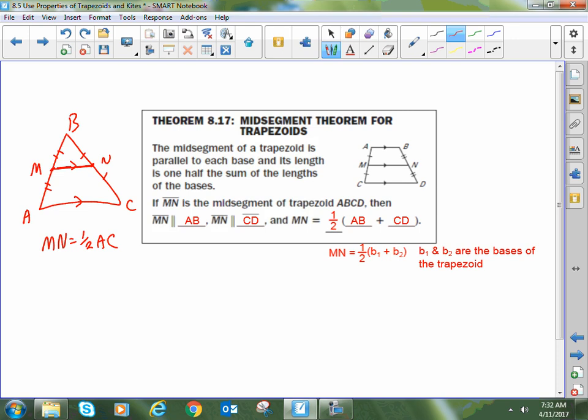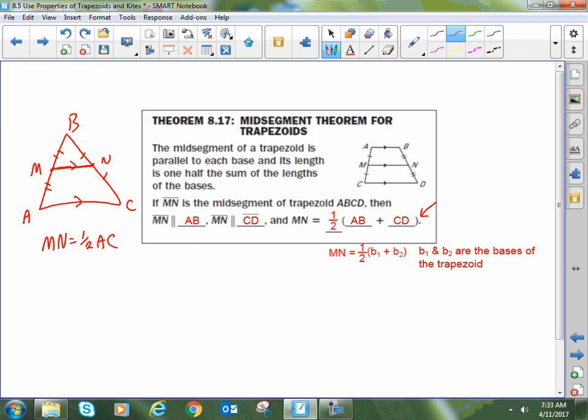In a triangle, the midsegment is half as long as the third side. Here I'm comparing the midsegment to the lengths of two bases. In this case, the length of the midsegment would be the average of the two bases. I want to point out they're specifically using A, B, and C, D in this example because that's how they labeled the vertices of the trapezoid.